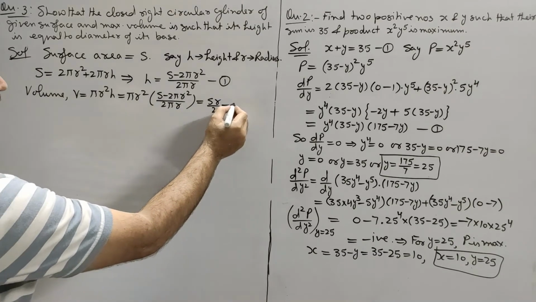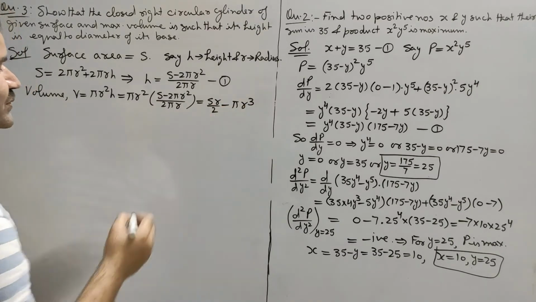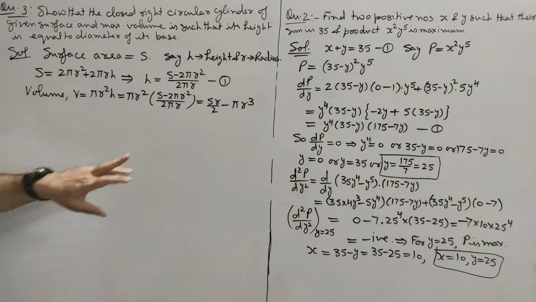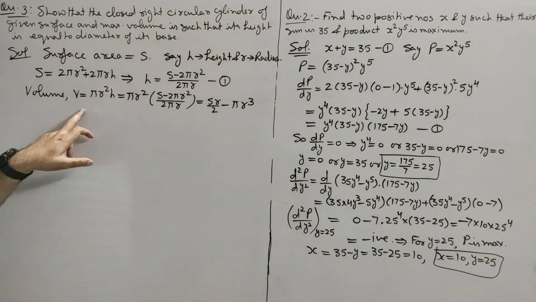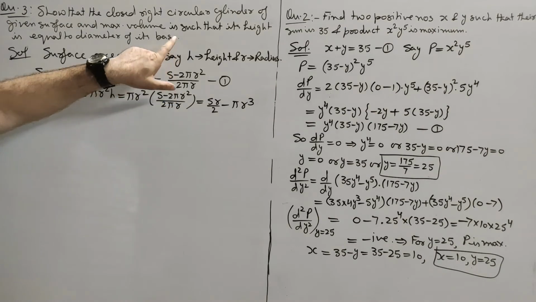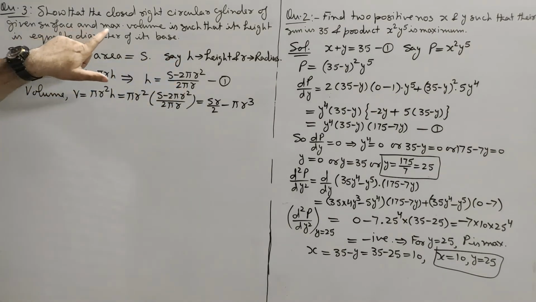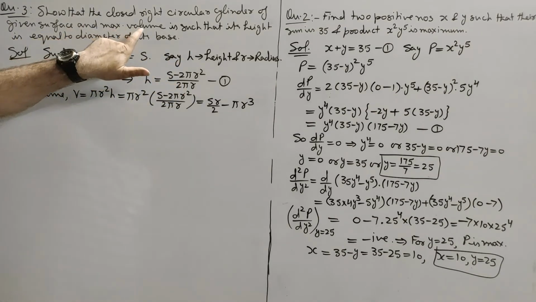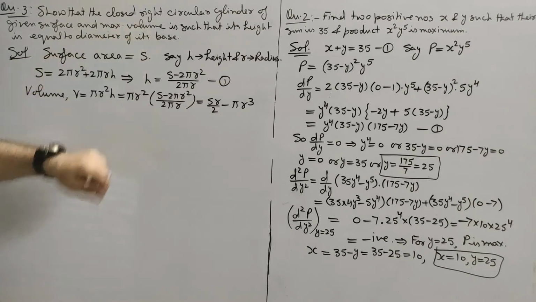It means pi r cube. This will be the value of volume in terms of radius. Now, according to question, we have to maximize the volume, because in question volume is given as maximum.